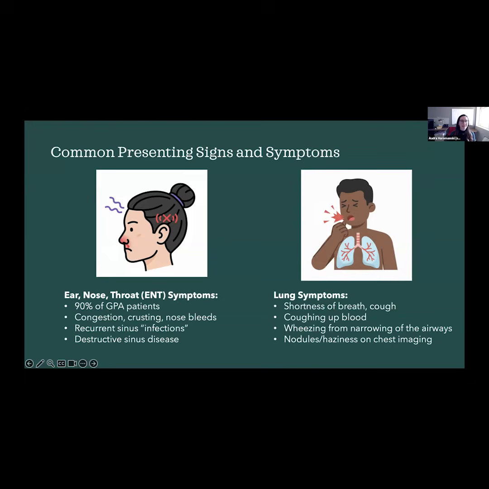And also to say that the acuity or the severity of the presentation of GPA is vast. So some people will have this smoldering sinus symptoms that will go on for years and won't ever become what we call organ threatening or severe enough to admit someone to a hospital. And then other patients will have a couple of months of these symptoms before it really becomes more urgent.